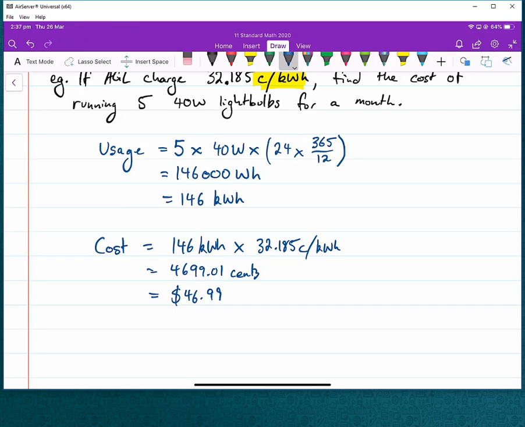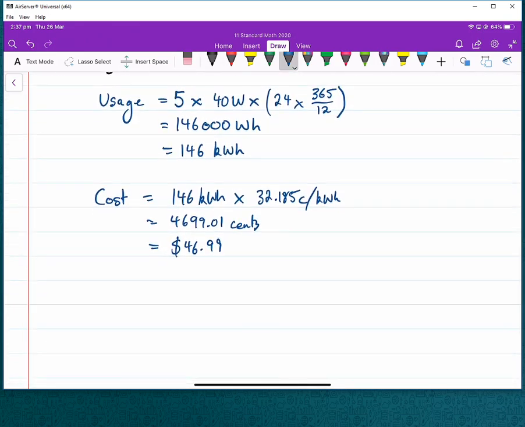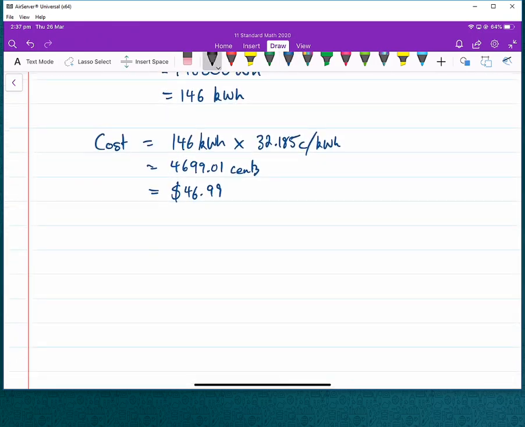So let's say we're using a EG2. Just say we want to find the cost. We'll say maybe let's make it a bit cheaper. 23.55 cents per kilowatt hour.